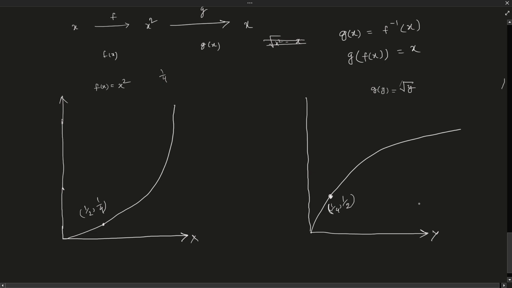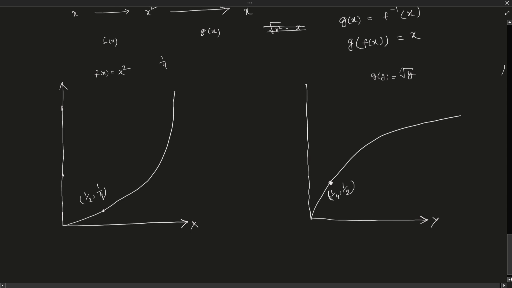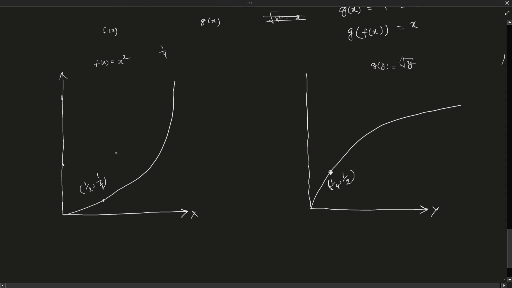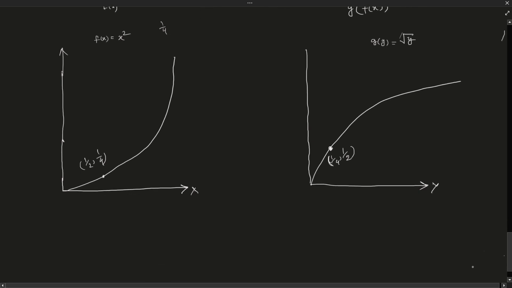So now, as I have just explained about the half and 1/4, suppose it's f of half, so it's half square, right? So it's 1/4.